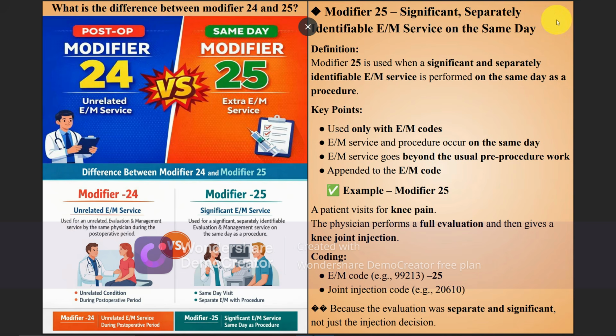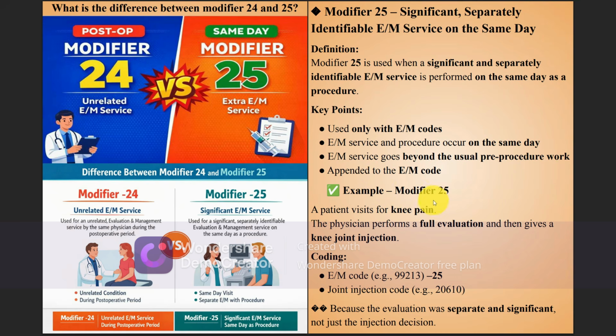Modifier 25: significant, separately identifiable service on the same day. Definition: Modifier 25 is used when a significant and separately identifiable E&M service is performed on the same day as a procedure. Key points: use only with E&M codes. E&M service and procedure occur on the same day. The E&M service goes beyond the usual pre-procedural work. Append to E&M codes.